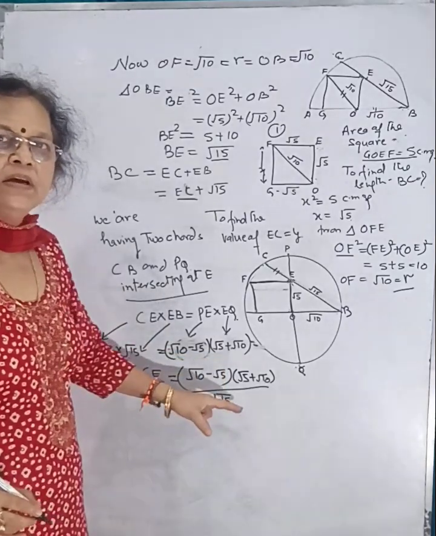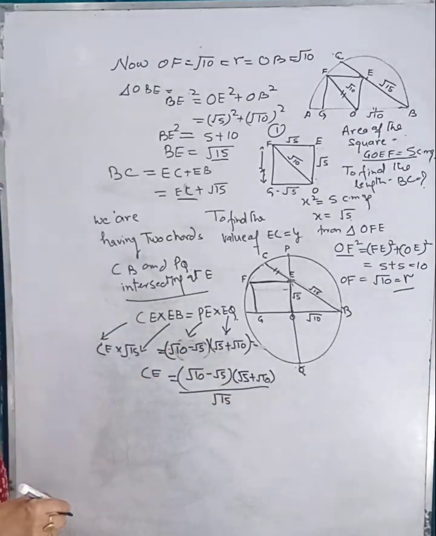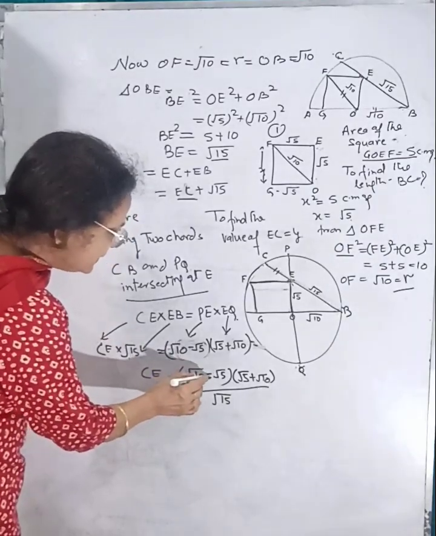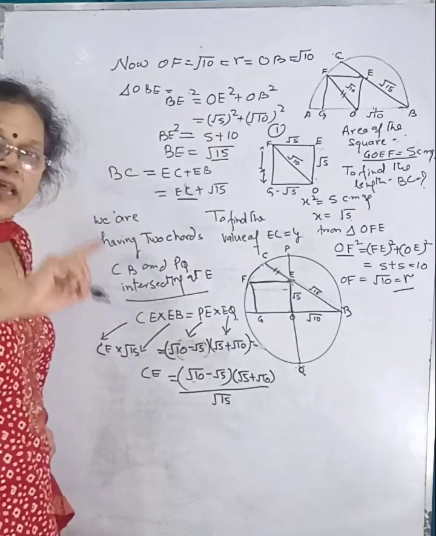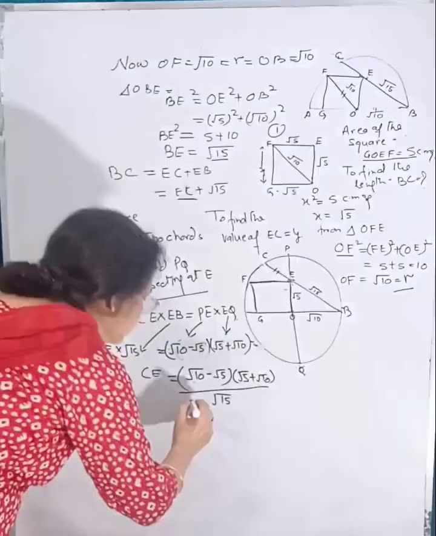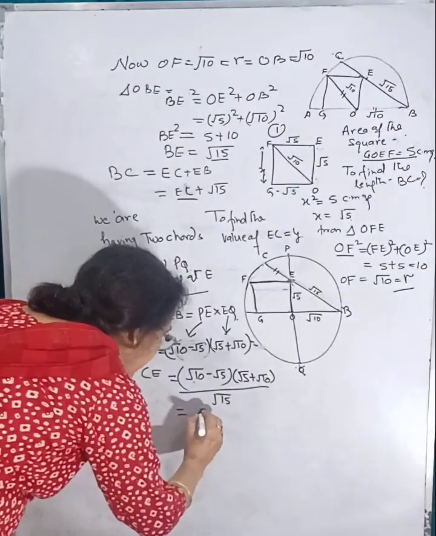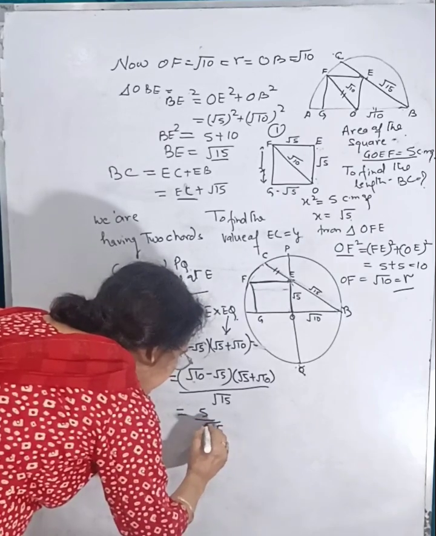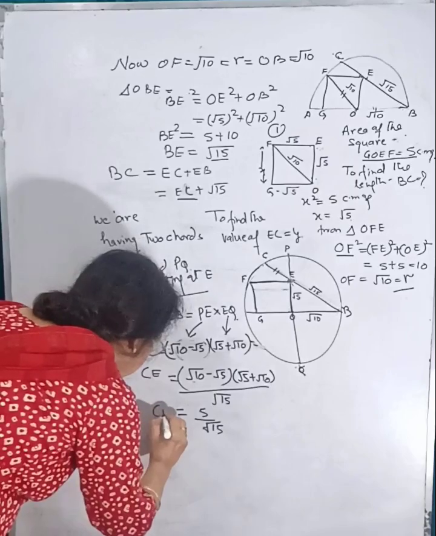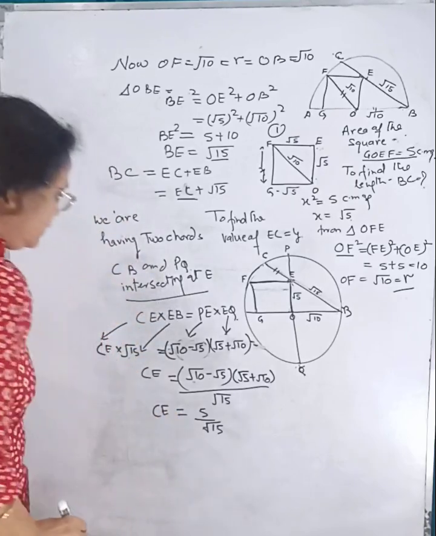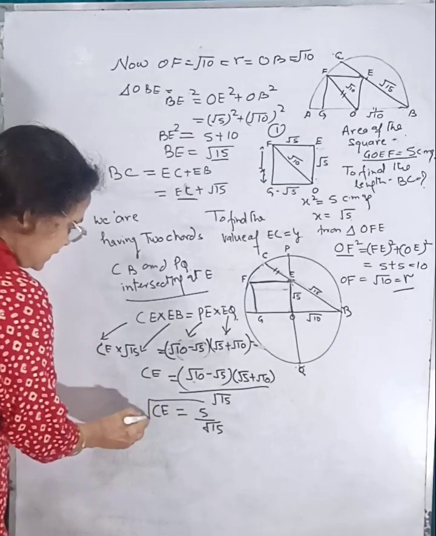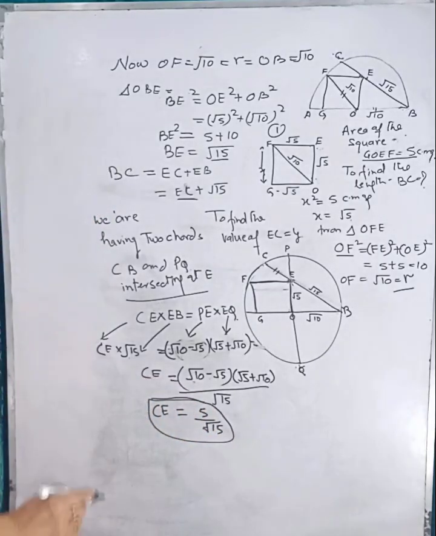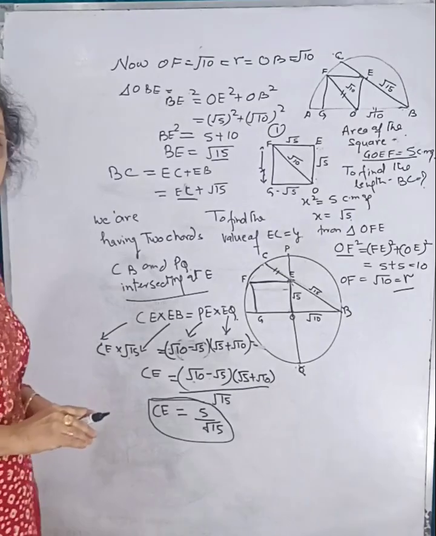So this becomes root of 10 squared minus root of 5 squared, that is 10 minus 5, which is equal to 5. So 5 upon root of 15 is the value of CE.